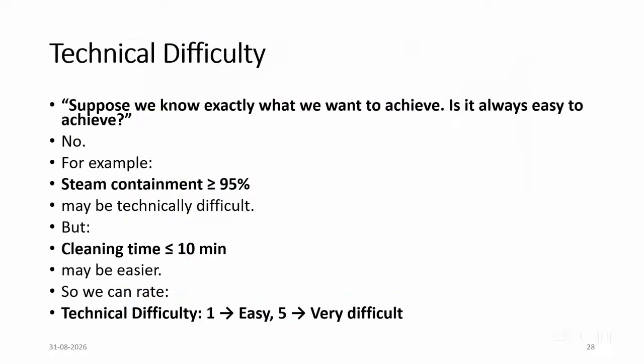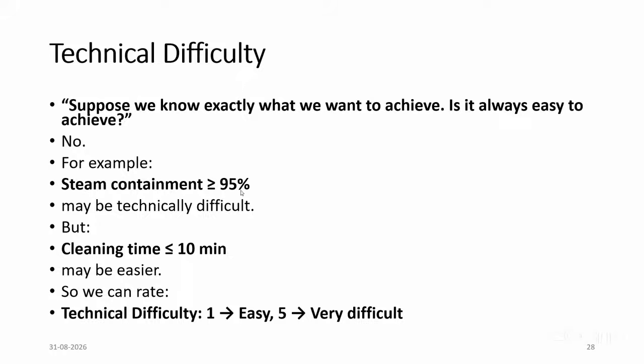Then the last step is technical difficulty. Suppose we know exactly what we want to achieve. It is always easy to achieve. So here what is difficult and what is easier is assessed. For example, steam containment is very difficult, but cleaning time is easy to achieve.